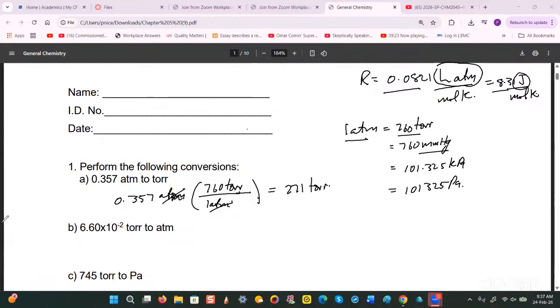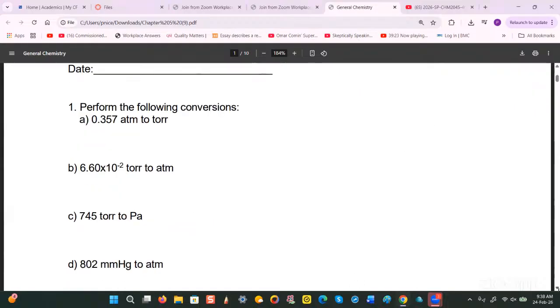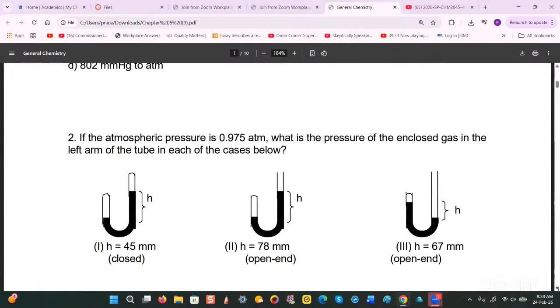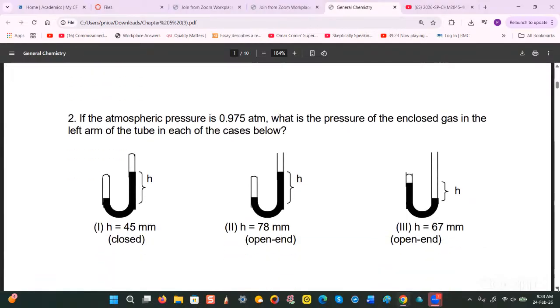Let me clear this here and scroll down to the next question, which deals with 3 different situations where you have a U-shaped tube in each case. There are some differences. In the first one, both ends are sealed.